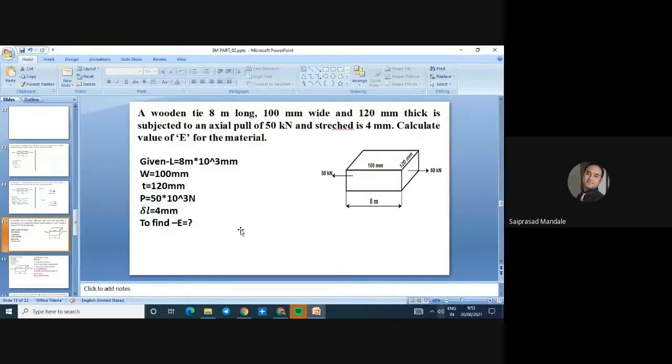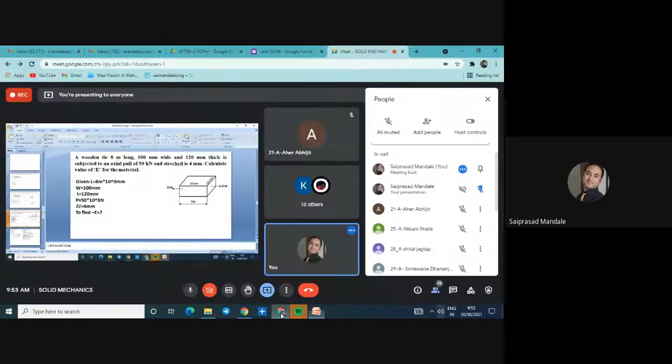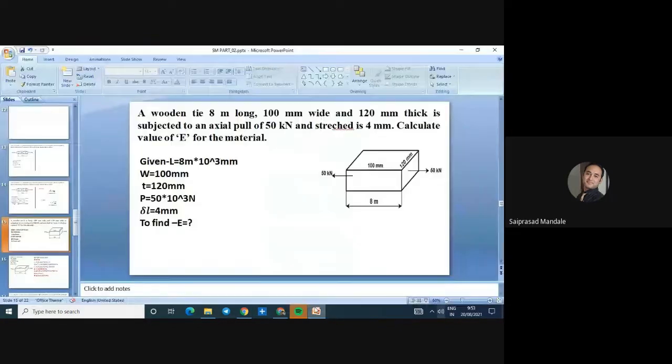Numerical number next for you. This is a numerical. A wooden tie 8 meter long. 8 meter long means it is length.